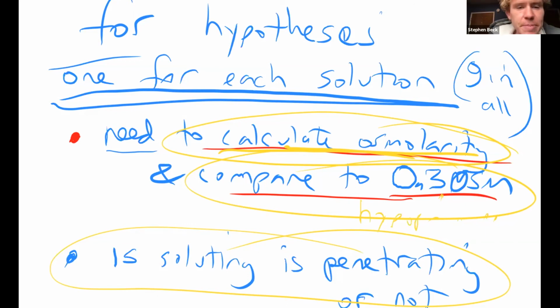Your predictions could be like, because something is penetrating and hypotonic, therefore it's likely going to explode. But you won't be able to know if it's hypertonic or isotonic unless you actually calculate the osmolarity of the solution. And for that, you need to worry about whether it is an electrolyte or not.